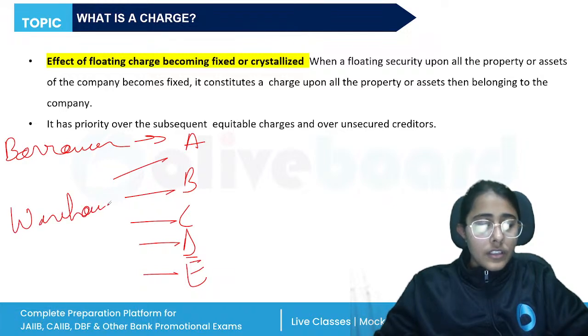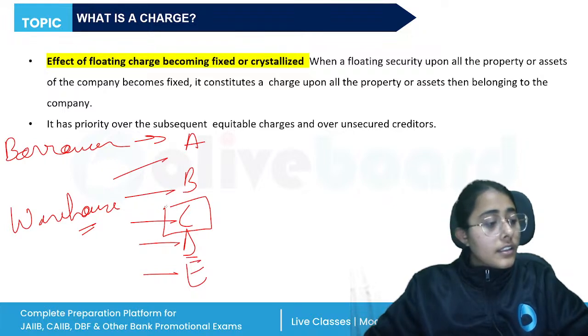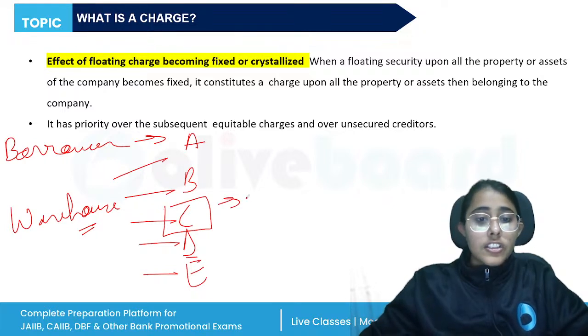All right, on the warehouse, but then the charge was registered only by the third creditor or the third bank, or they had given the charge of a fixed nature.